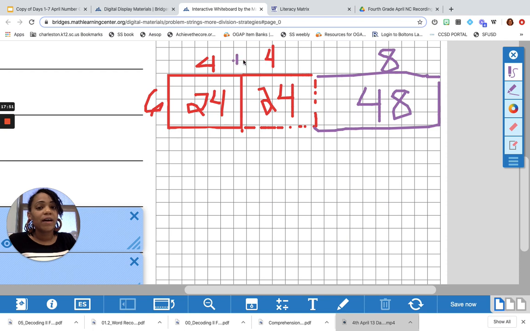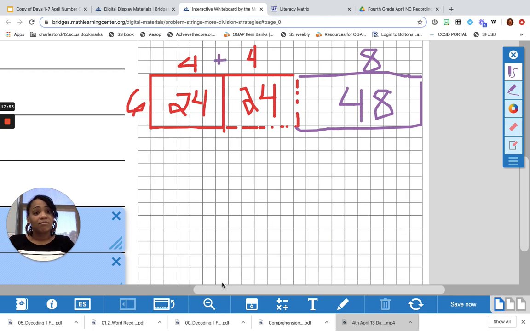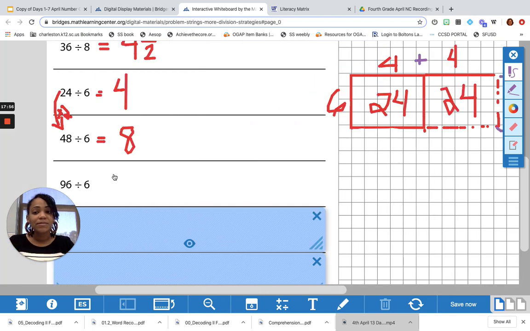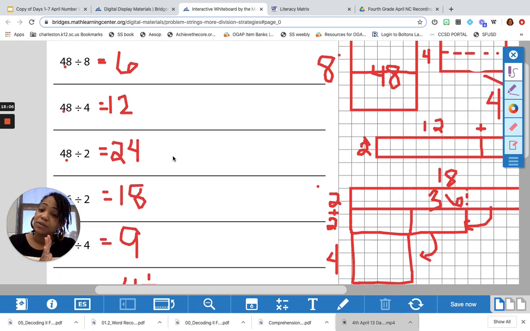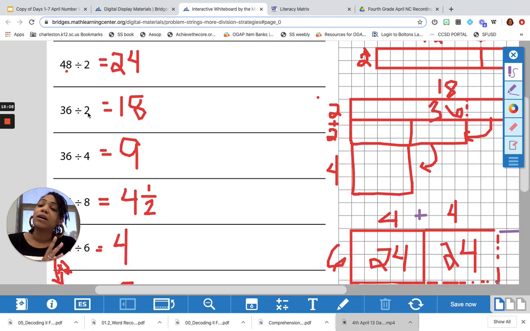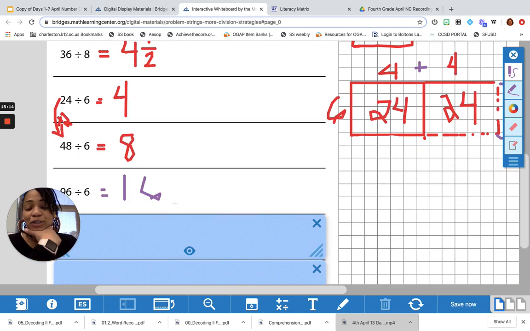So now I have 8 plus 8, which is what? 16. So this time, first we halved our divisor, which means we had to double our quotient. Then we doubled our divisor, which means we halved our quotient, and I know this is a lot. Now you're telling me we're doubling our dividend, and that also means we're doubling our quotient.